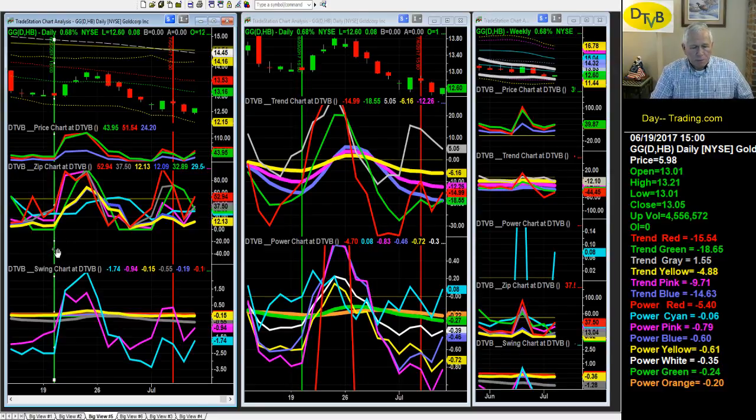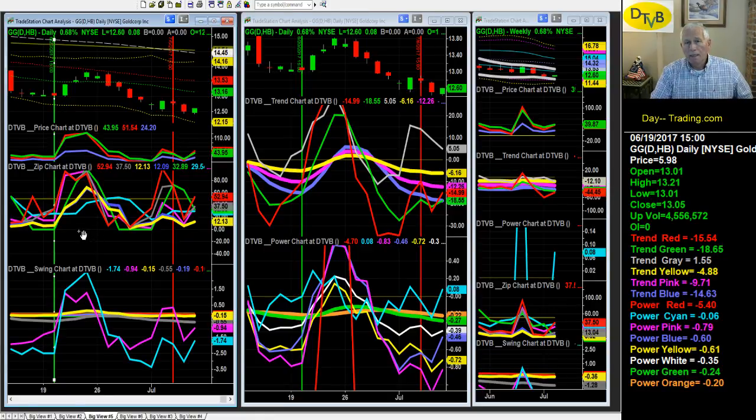And so this is one of those examples where zip pink is not next to the green before the price changes and goes up. And I'm not exactly sure what it is. I'm guessing maybe about 10% of the time, maybe less than that.